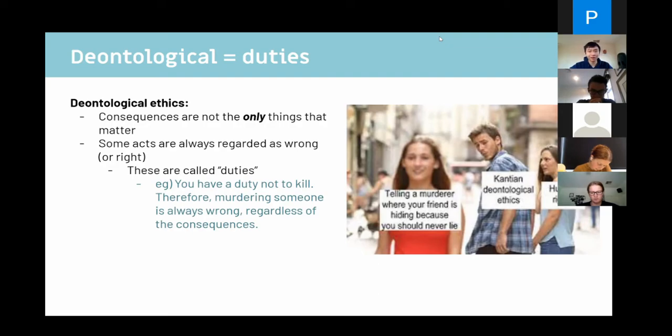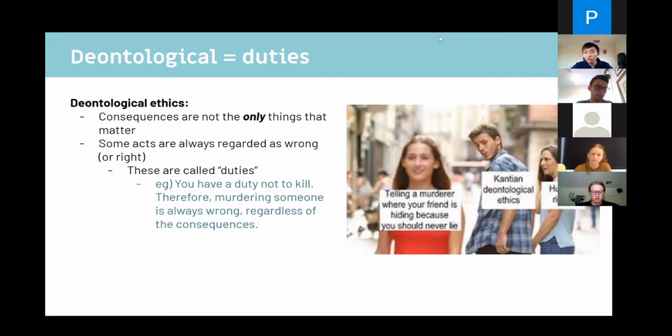So even if your friend dies, you shouldn't lie anyway, which is a very extreme example. But it's basically what deontology is. Consequences aren't the important thing here. What's important is that you follow what you set out beforehand and you adhere to it.